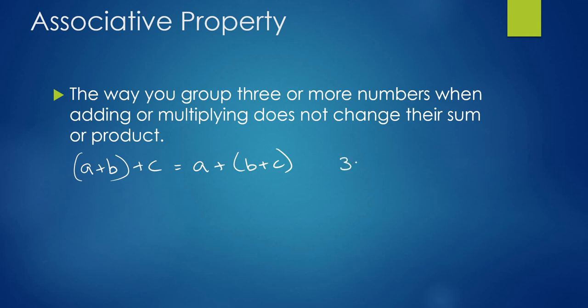If I'm multiplying 3 times 2 times 6, that's the same as 3 times 2 times 6. And I know you've seen these before, so we're going to do a little work with them in class.